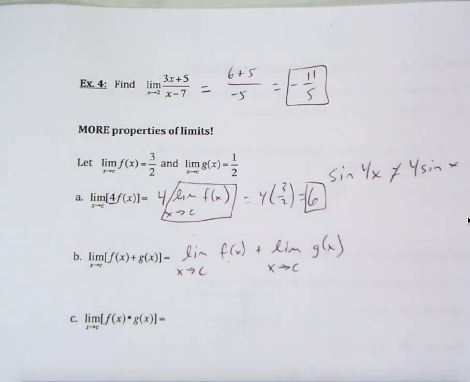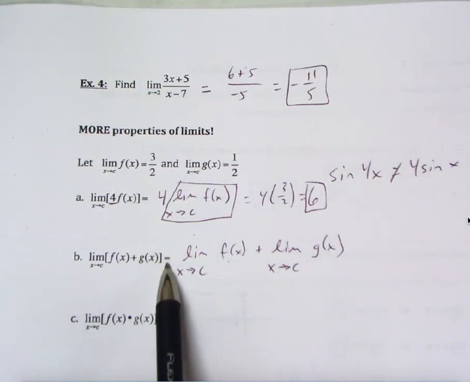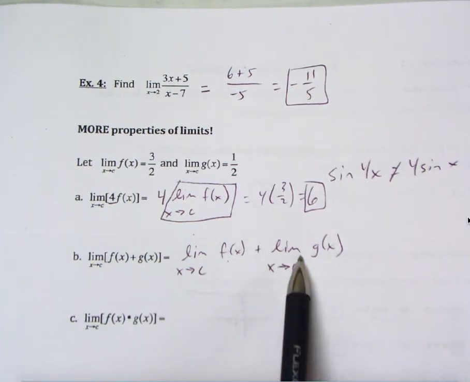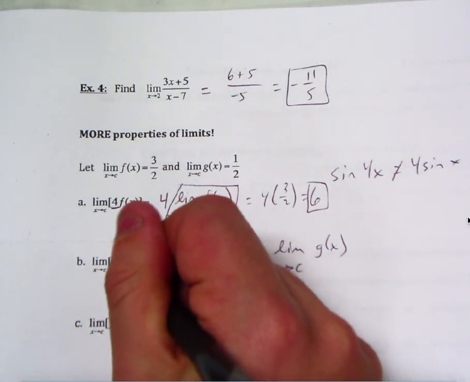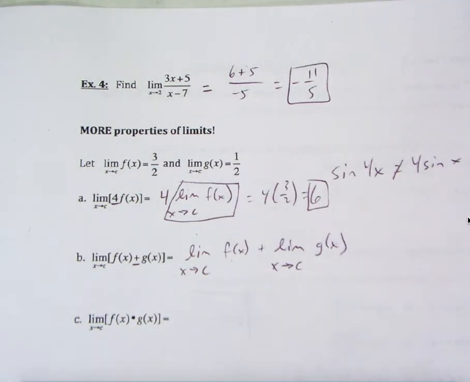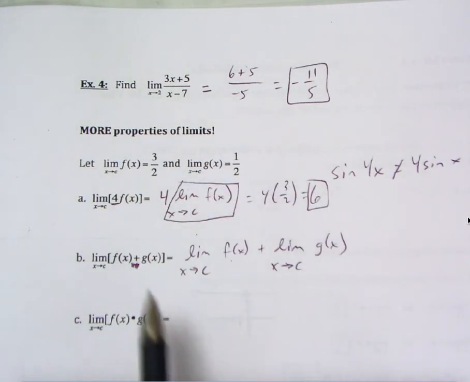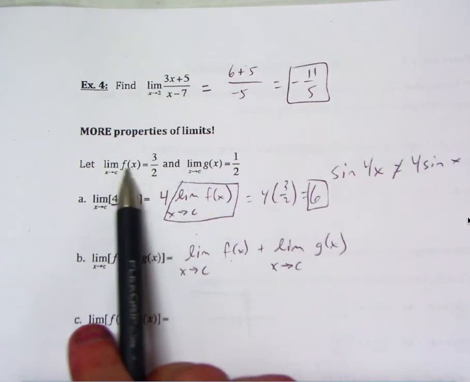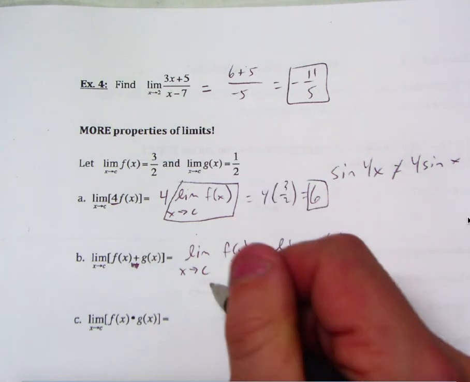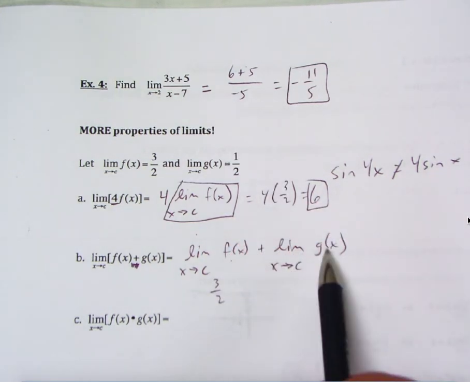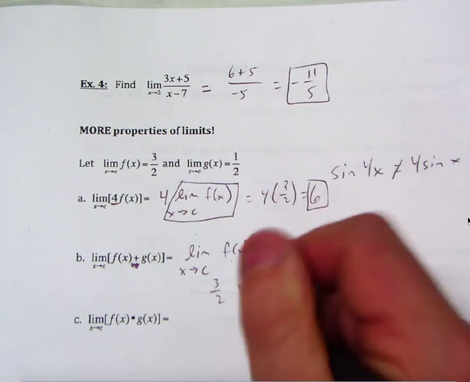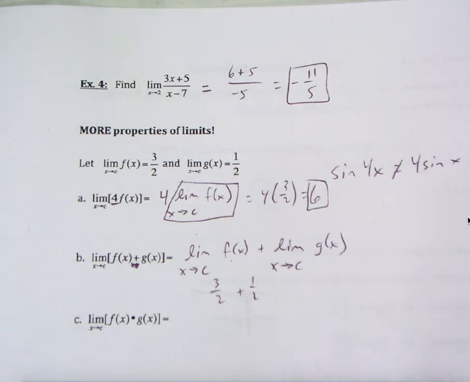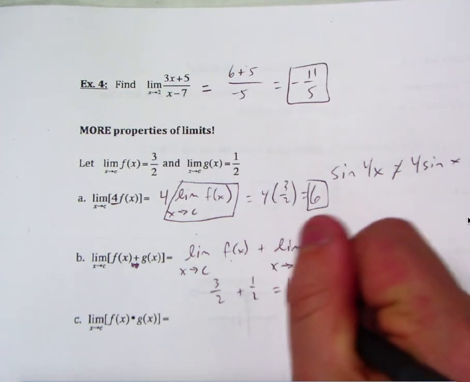So again, we say the limit of a sum equals the sum of the limits. And same goes for difference. I could just easily put plus or minus inside of here. But since this one says plus, what that lets us do is we know this one is 3/2. We know the limit of g as x approaches c is 1/2. And 3/2 plus 1/2 is 4/2, or 2.